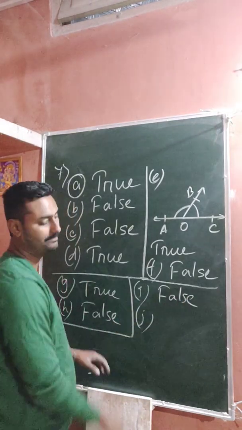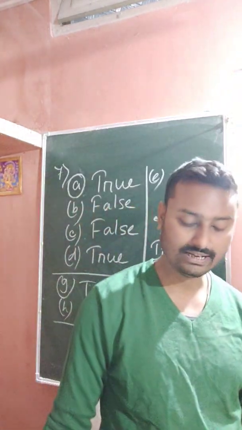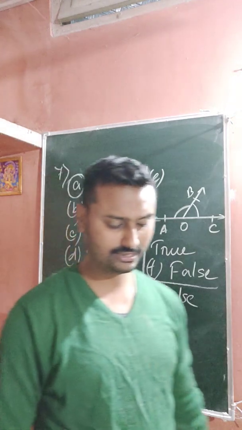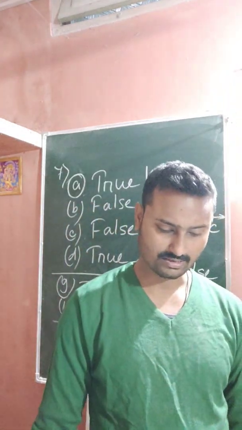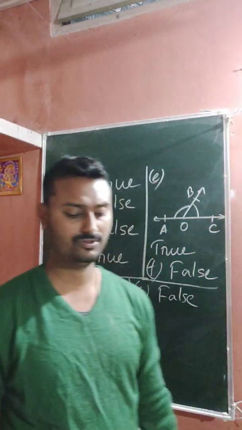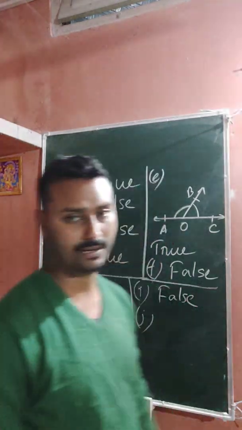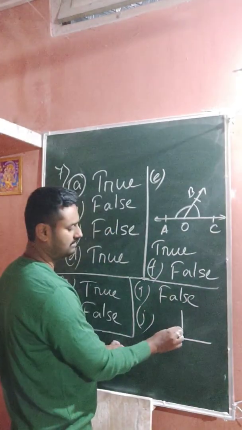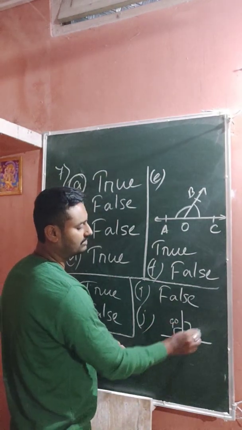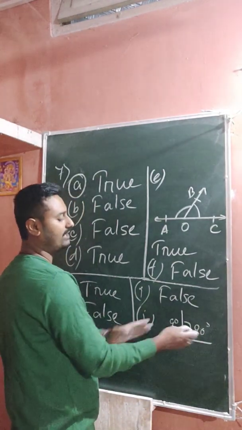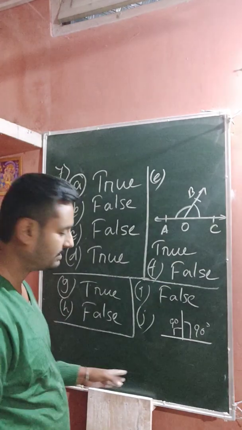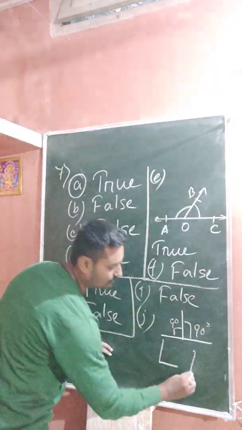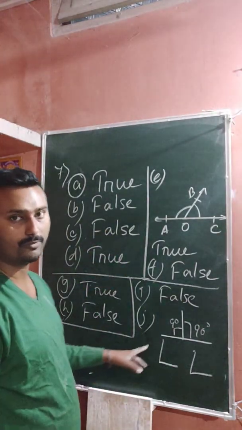Now question J: two right angles form a linear pair. Actually, in this question, two right angles which are adjacent form a linear pair. The question should be like this, because this one is 90 degrees and this one is 90 degrees. Yes, two right angles can form a linear pair. But if one 90 degrees is placed like this and the other like that, they cannot form a linear pair.